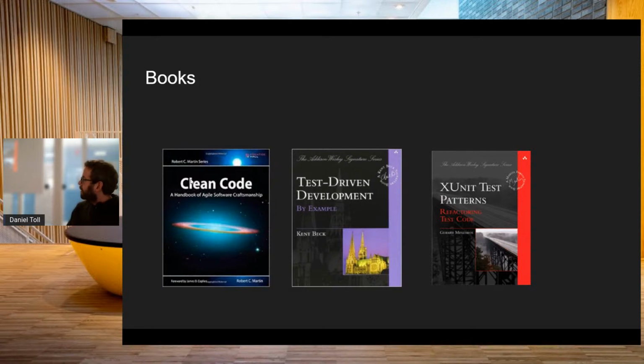And then we have Test-Driven Development by Example, which is the course literature for assignment 1, part 2. This is actually a voluntary assignment if you want a higher grade. And then we have a book called xUnit Test Patterns. This is a fat book, but I think most of these can be found online.